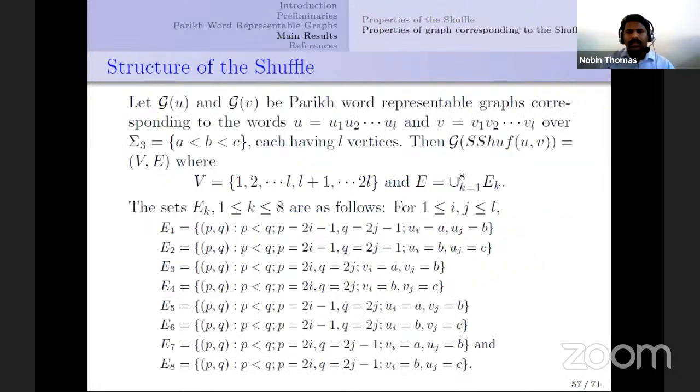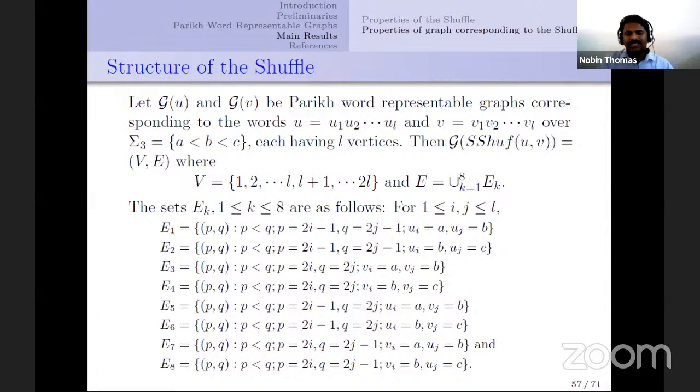Now we define the graph corresponding to the shuffle. Suppose G(u) and G(v) are the Parikh representable graphs corresponding to the words u equal to u1, u2, etc. ul, and v equal to v1, v2, etc. vl, having l vertices. Then the graph corresponding to the shuffle of u and v consists of the vertex set V, which are the vertices 1, 2, 3, etc. 12, and edges E equal to the union of Ek for k equal to 1 to 8.